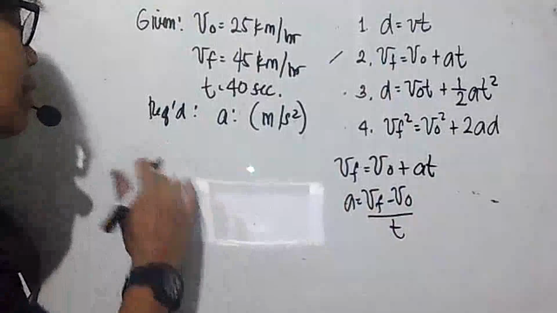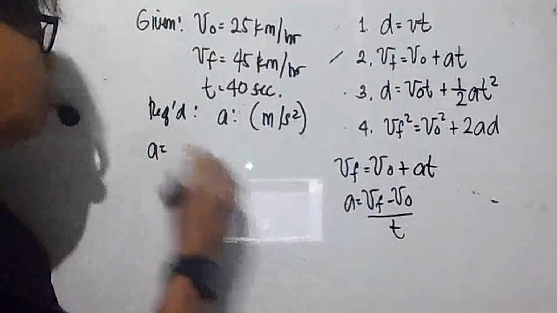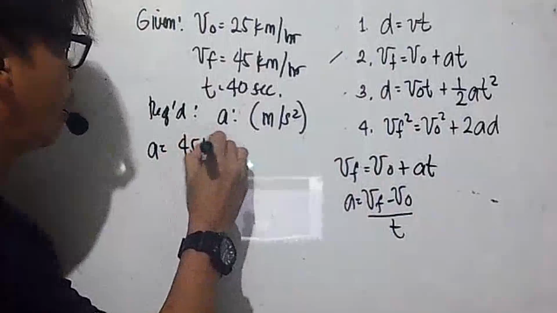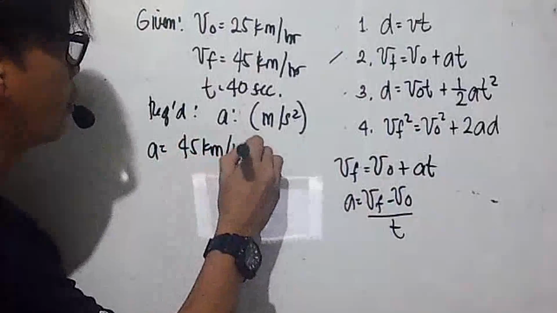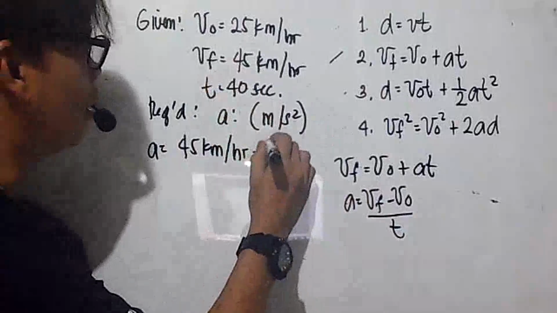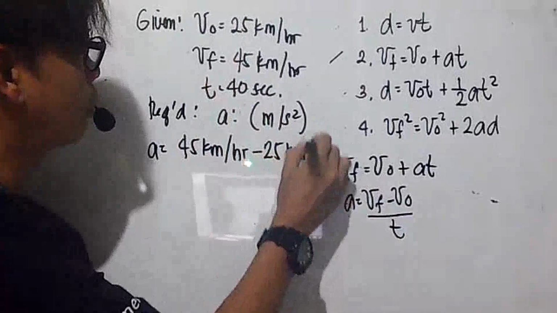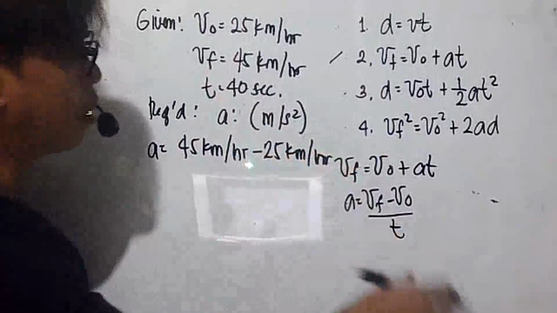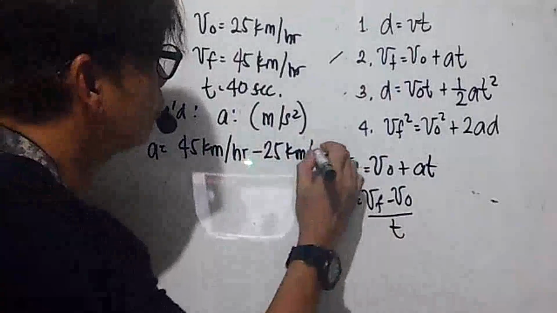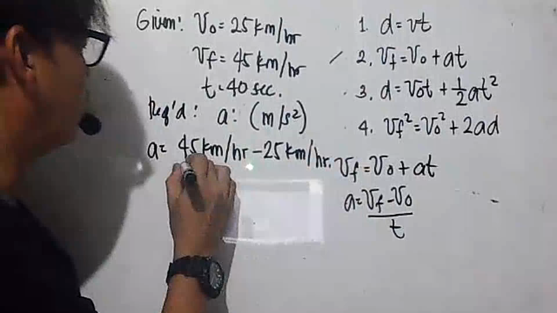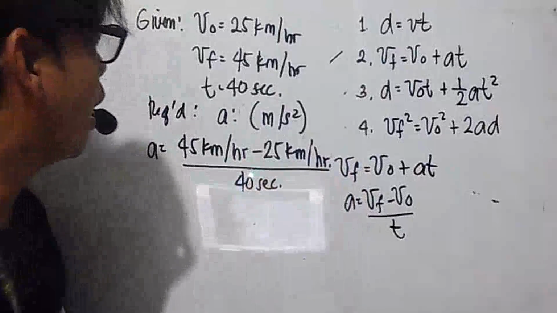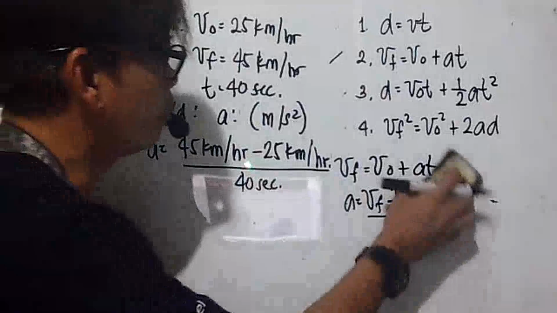So your A now is equal to your final velocity, which is 45 kilometers per hour, minus your initial velocity of 25 kilometers per hour, divided by the time of 40 seconds.